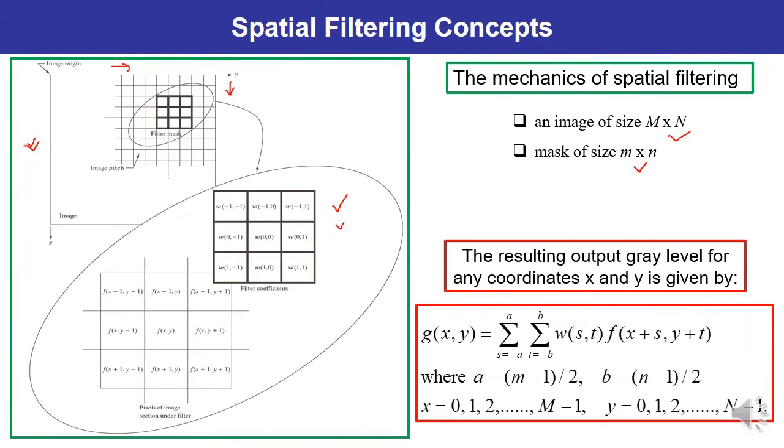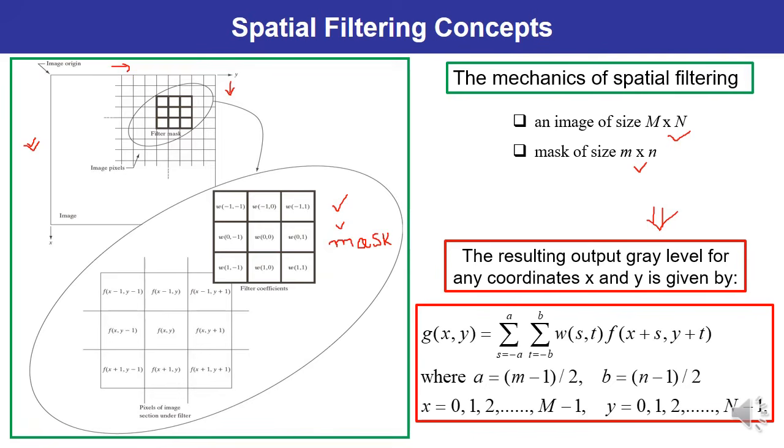The resulting output gray level for any coordinate x comma y can be written as g(x,y), the enhanced image. w denotes the mask, and f denotes the input image. Here you can see the terms written as w(s,t) and f(x plus s, y plus t).